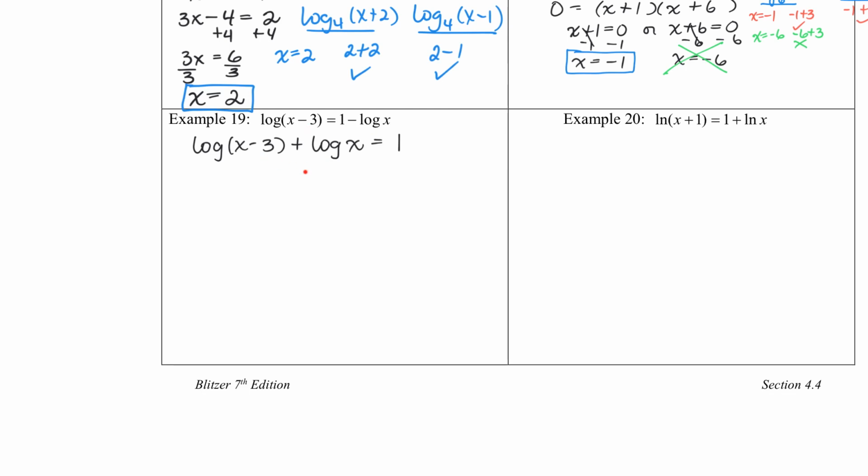Now I have an expression on this side that involves the sum of two logarithms, and I know that I can condense that into a single logarithm, x minus 3 times x, right, equals 1. And then I can go ahead and distribute log of x squared minus 3x equals 1.